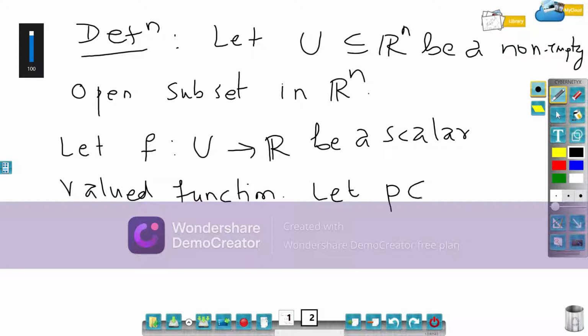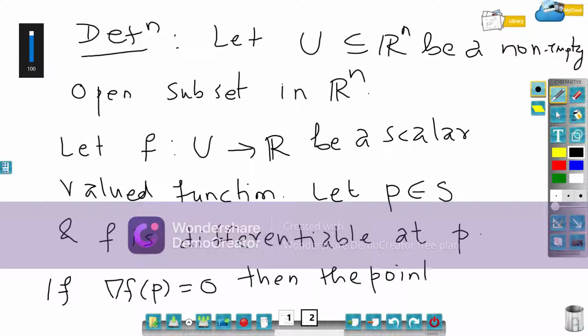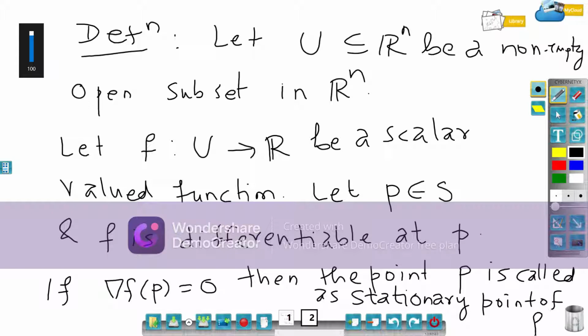Let P belong to U and f is differentiable at P. If the gradient of f at P is equal to 0, then the point P is called a stationary point of f. So this completes the definition of stationary point.